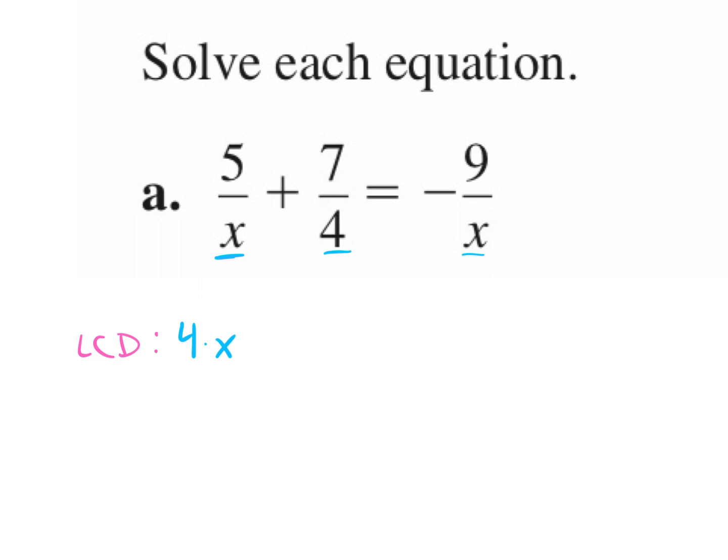So I don't include it again because I already have it on my list. So kind of similar to what we did yesterday. If it's already on the list, you don't have to rewrite it. So my least common denominator would be 4x. So first step was find the least common denominator.